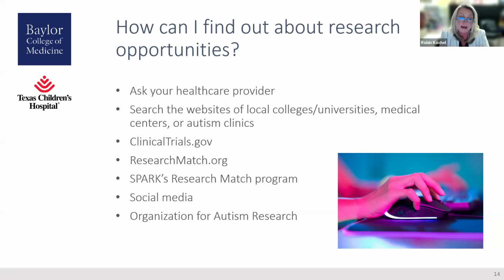A lot of researchers now are recruiting for their research through social media platforms, so that could be another way for you to look up active research studies, through Facebook, Instagram, LinkedIn, X. You could try that out. And then the Organization for Autism Research also has a really nice listing of active studies that are recruiting. I will talk about them a little bit more in a second because I think they are a lovely resource.